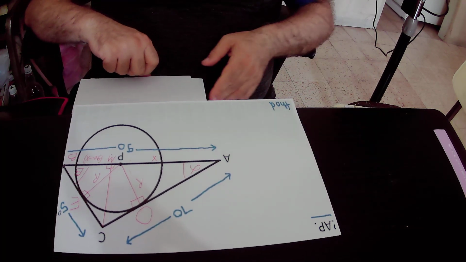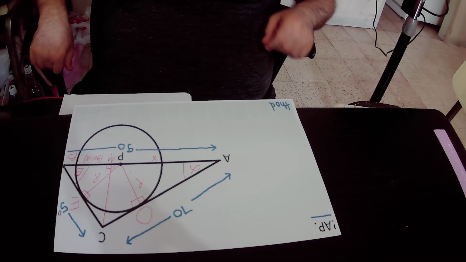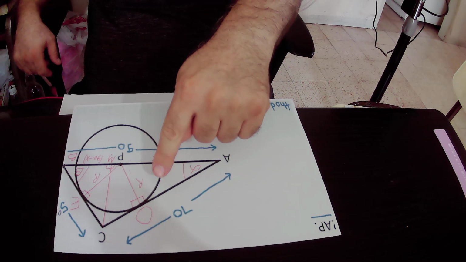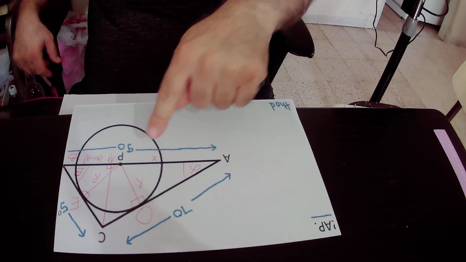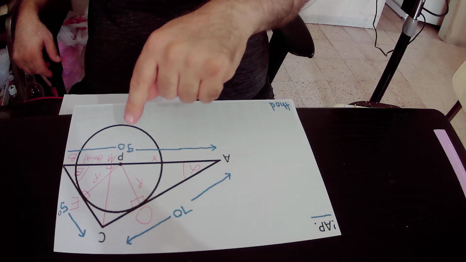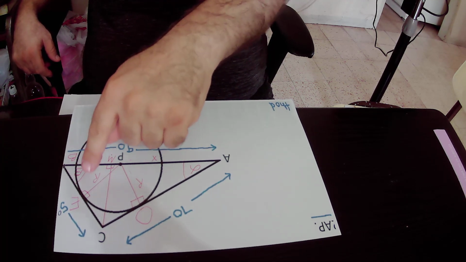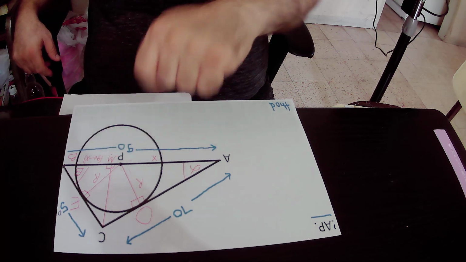So we connected points P and O together, and PO is the radius of the circle. Also we connected points P and E together, and PE is also the radius of this circle.